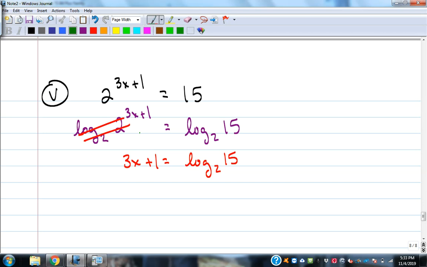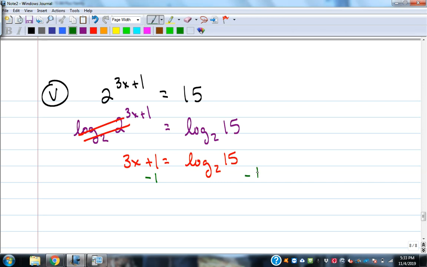And now I'm going to try to get x by itself. I'm just going to keep in mind that that ugly thing right there is just a number. And I'm going to leave it written like that instead of having to write out the big long decimal for it. So I'm going to leave it as log base 2 of 15.